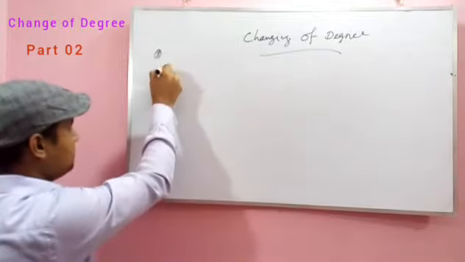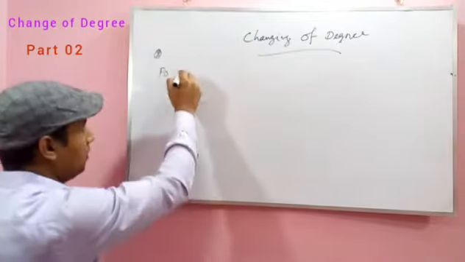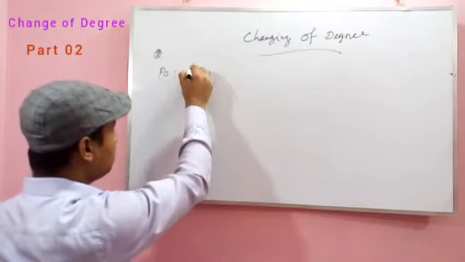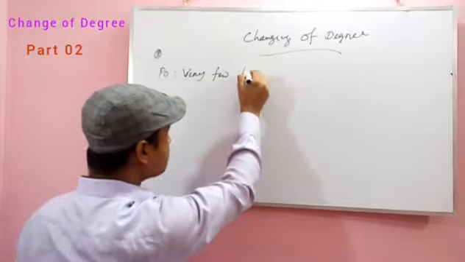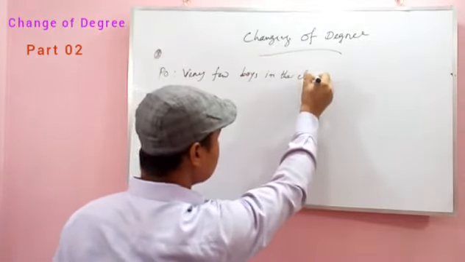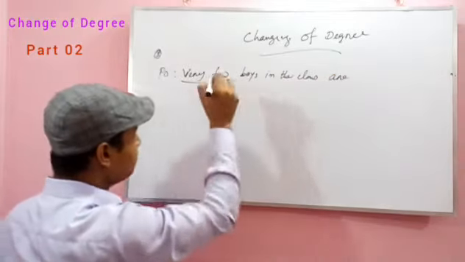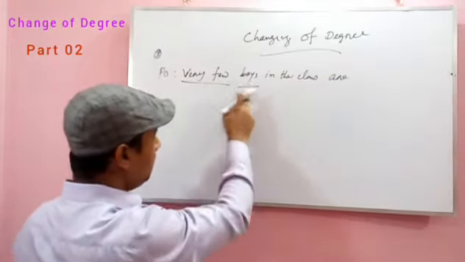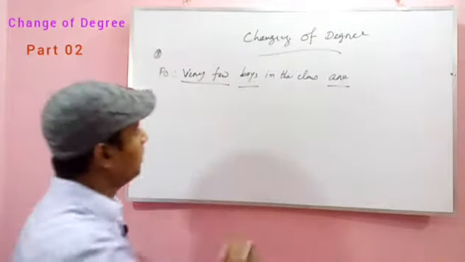Okay, this positive sentence begins with very few. Very few boys in the class are, please notice that very few takes a plural noun, then the plural verb. This is very important.